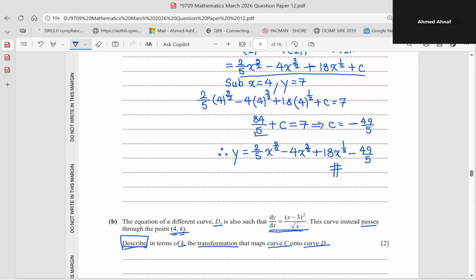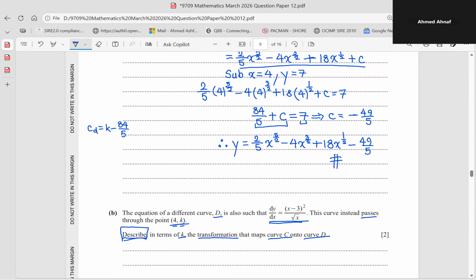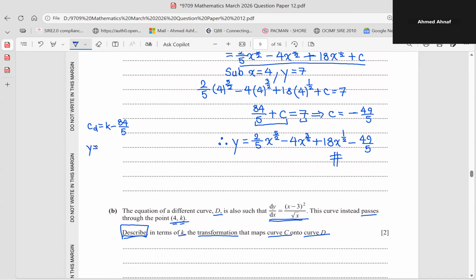So this entire side would be the same, only this side, instead of 7, we'll get k, and therefore our c for D is going to be k minus 84 over 5, okay? And therefore y is going to be this whole thing.